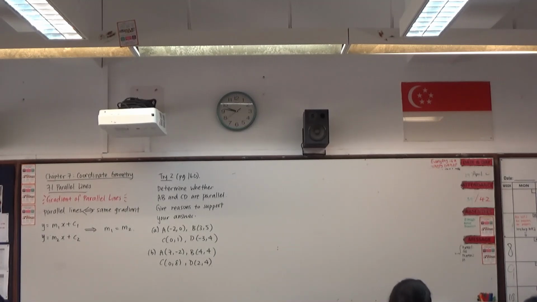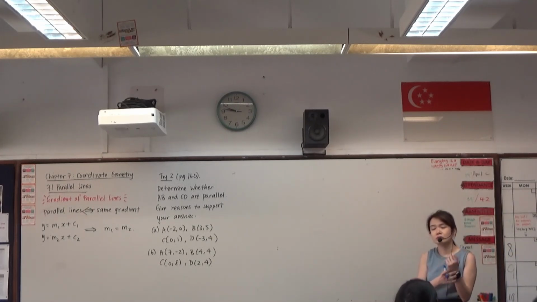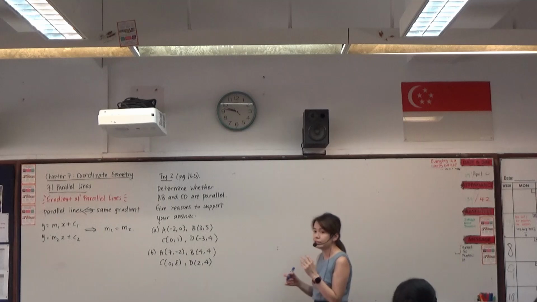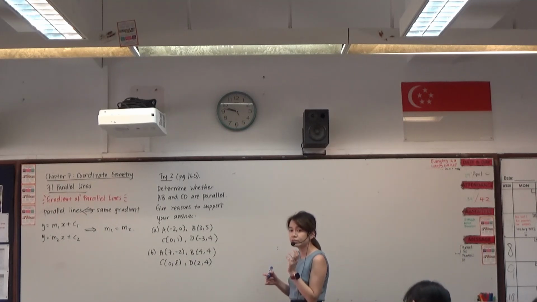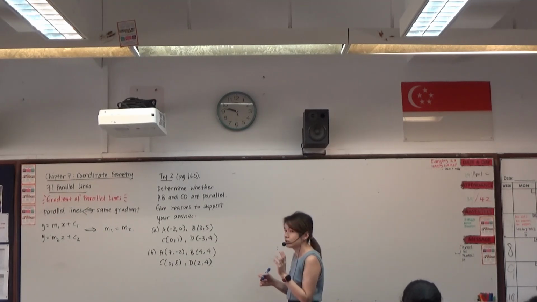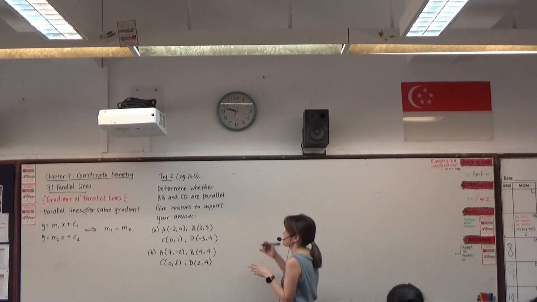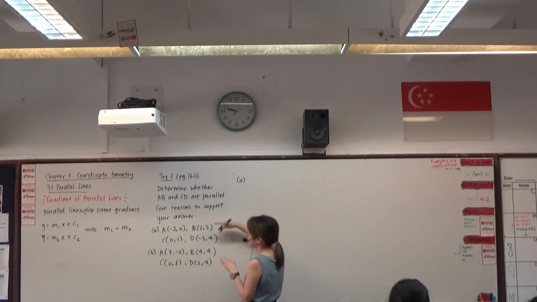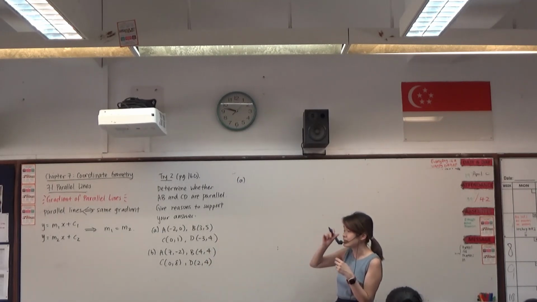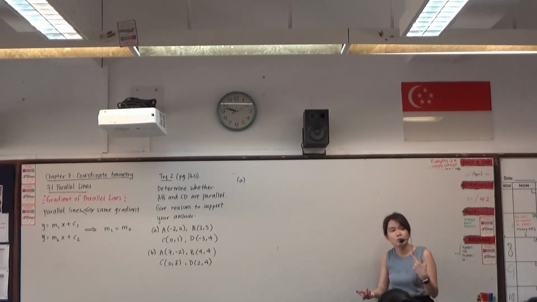How do we go about supporting or determining whether the lines are parallel or not? What will you do? Moses, what will you do? Find the, what's it called? Okay, so it's called the gradient. So we find the gradient of each of the respective line segments and check whether it's equal or not.